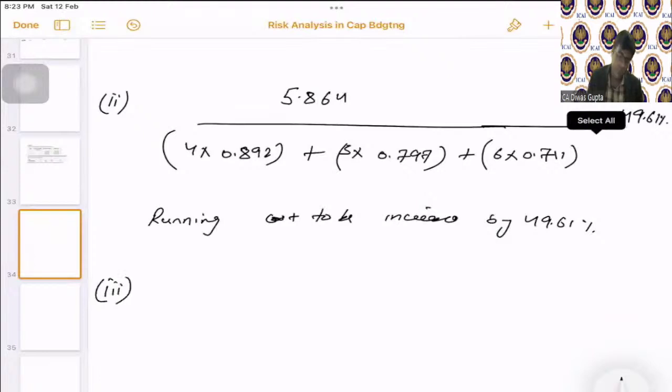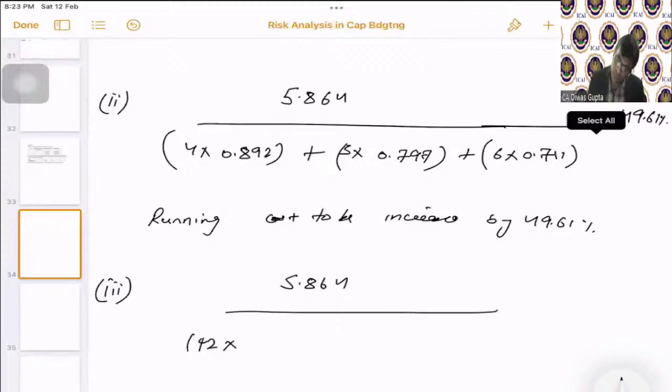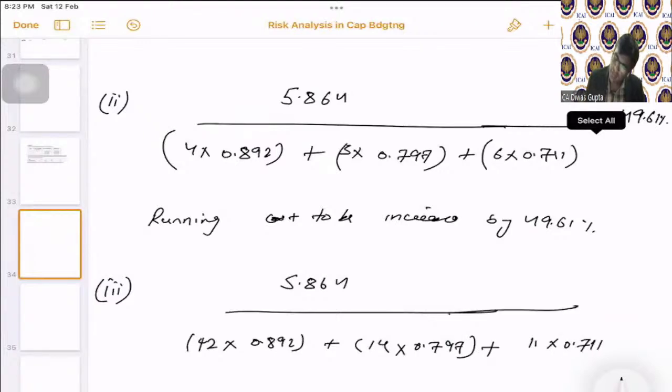Then the third part is on savings. 5.864 divided by the first year savings, 12 crore, 0.892. Second year savings 14 crore, 0.797. Last year savings 11 crore, 0.711.